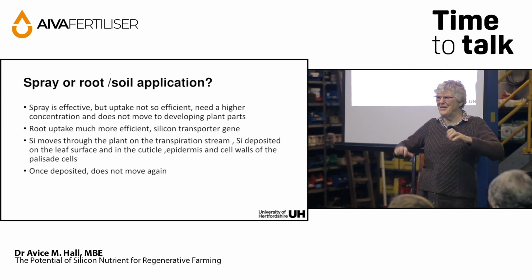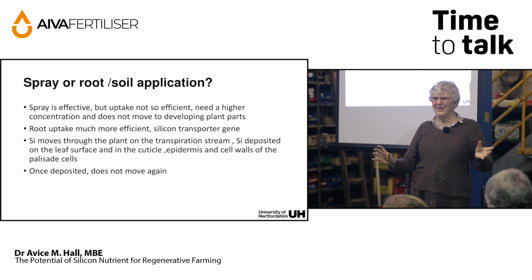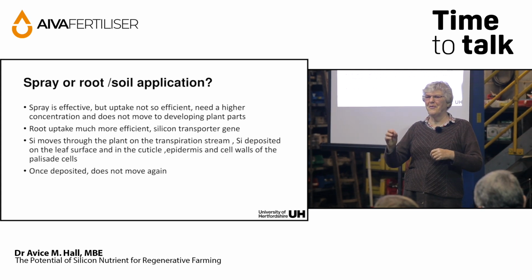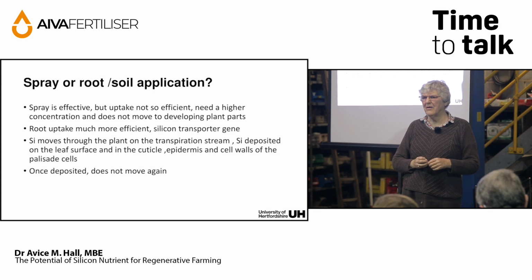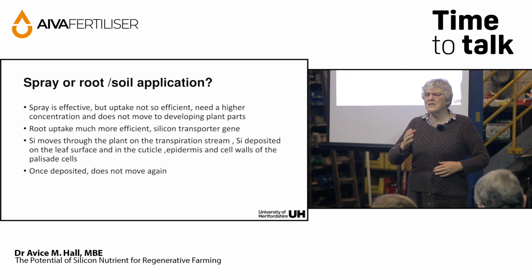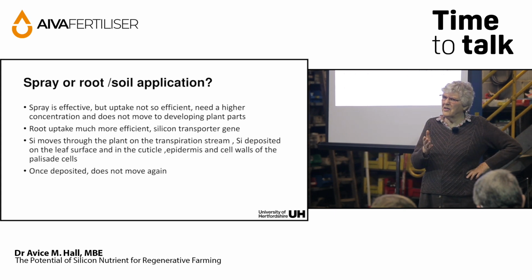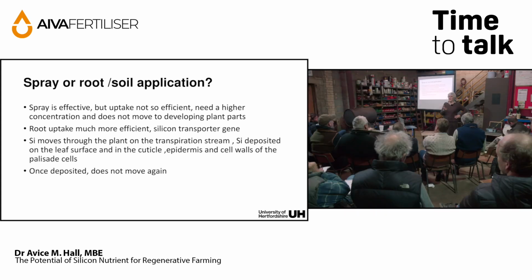In other words, you need the silicon in the plant before the pest or disease arrives. It's got to be there. It needs a constant top up as the plant grows, really. Yes. Now, of course, the really, really interesting thing to speculate on is strawberries grow continually, don't they?